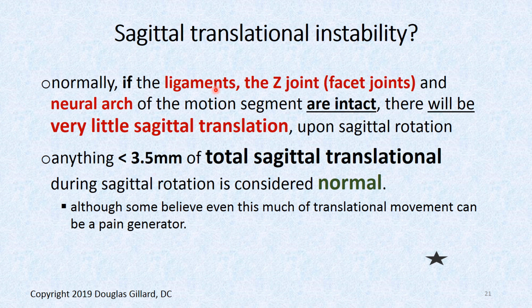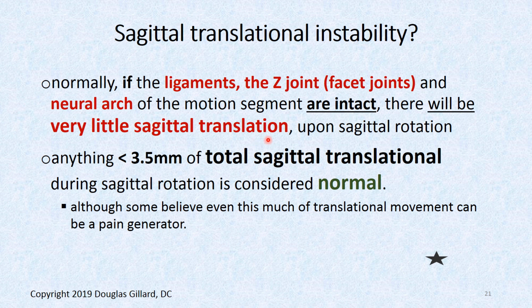So if you bend forward and backwards, you have your facet joints, or in our class we're calling them zygapophyseal joints or Z joints. When you get into the real world, nobody calls them that. They all call them facet joints. So you have a neural arch that's intact. All of that stops anterior and posterior sagittal translation.